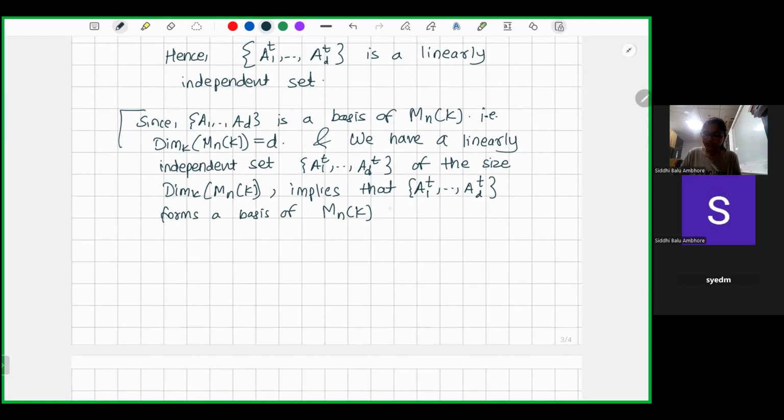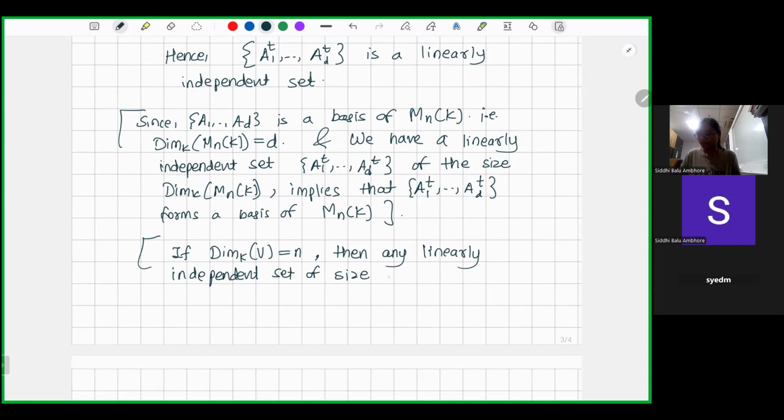Okay, so this is a statement that if the dimension of V over K is some n, then any linearly independent set of size n will form a basis of V.